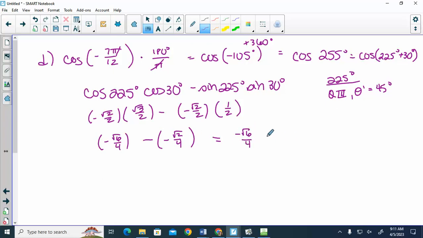So we get negative radical 6 over 4 plus radical 2 over 4. You could leave it like that. You might have gotten radical 2 over 4 minus radical 6 over 4. That's equivalent. You could do one big fraction. Lots of different ways that are equivalent. Is that one okay?